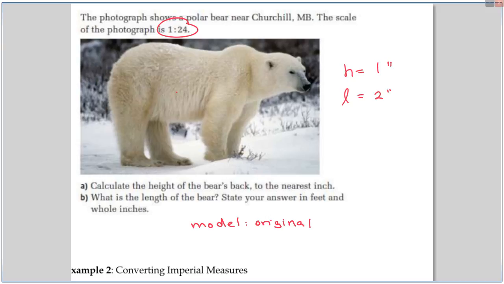So this is, in actuality, 24 inches. And this one would be times by 2, 2 times 24 would be 48 inches. Okay? And those are perfect factors of 12. So the height is 2 feet and the length is 4 feet. Groups of 12. 12, 24, 36, 48. Groups of 12 is your feet, and we'll get into that in a second.